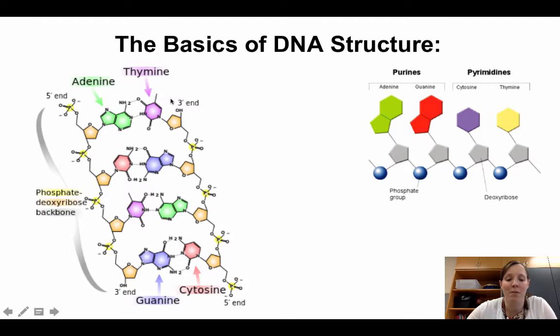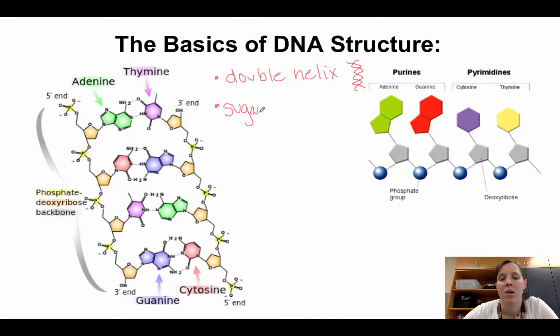All right, so here it is, the code of life, DNA. Let's go over some of the things that you need to know about it. So DNA is a double helix, right? It looks like a twisted staircase or ladder, like this, double helix. The outside of the helix, the outside of the ladder, is what we call the sugar phosphate backbone of the molecule.